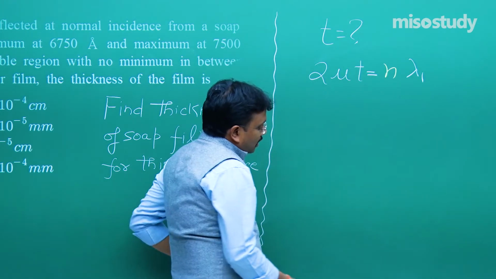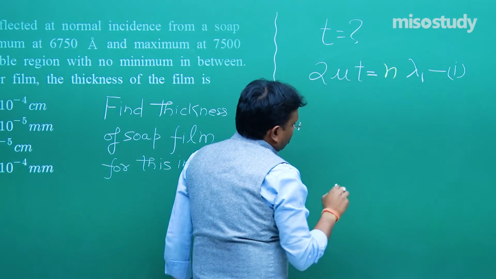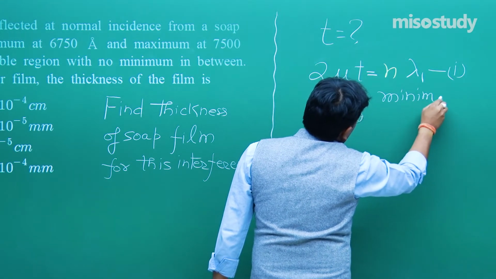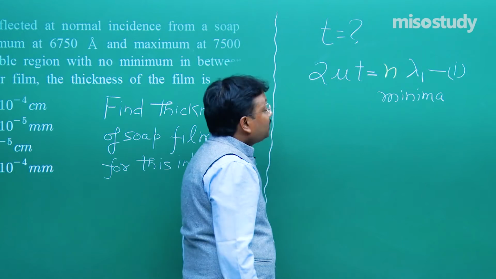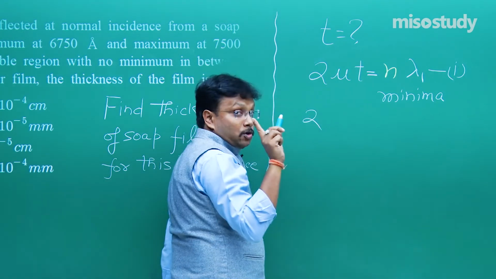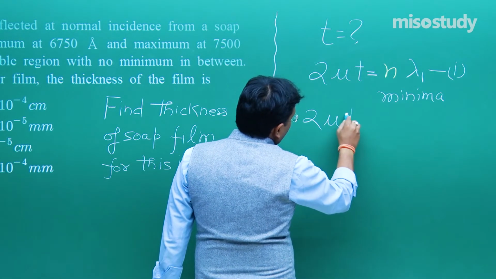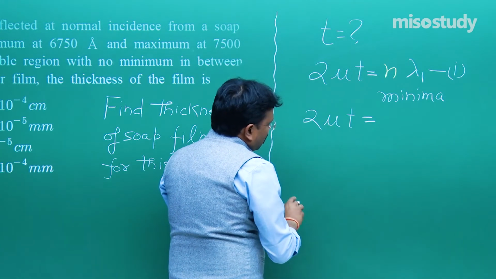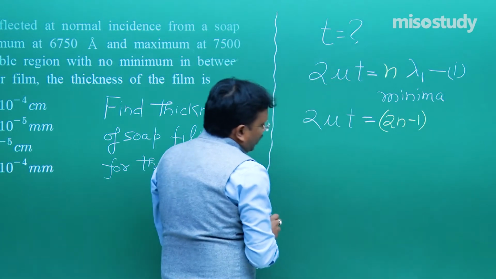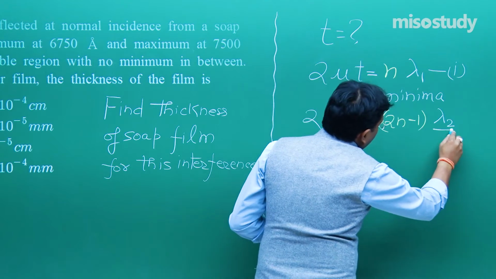Now let's say this is equation number 1 and it is representing minima. Now similarly, twice, again I will use yellow color, but for a specific reason, please wait for that. Twice mu T is equal to 2n minus 1 lambda 2 by 2.